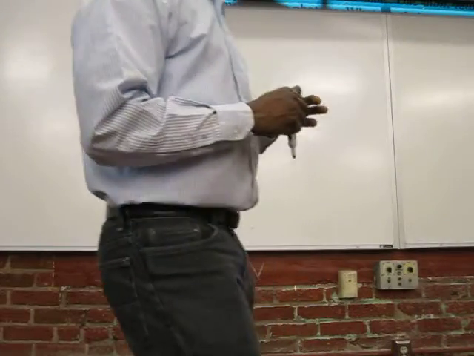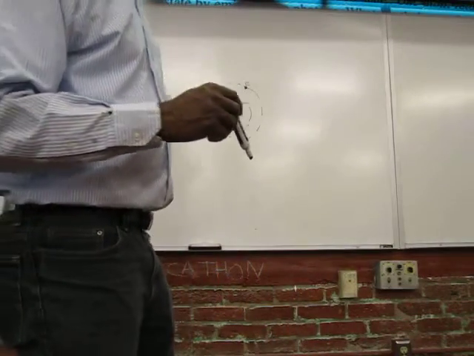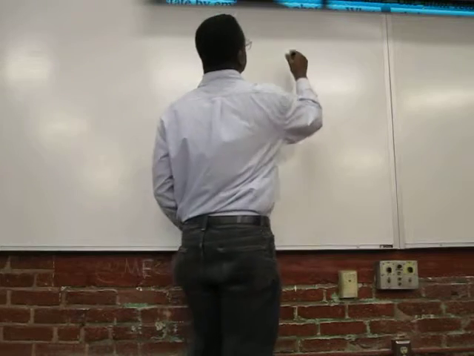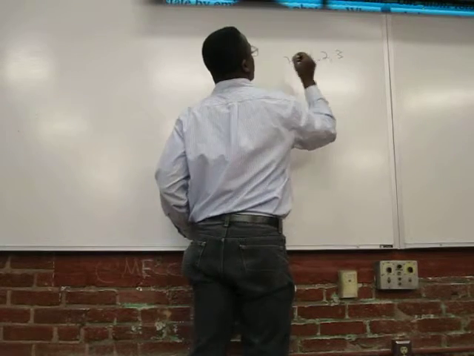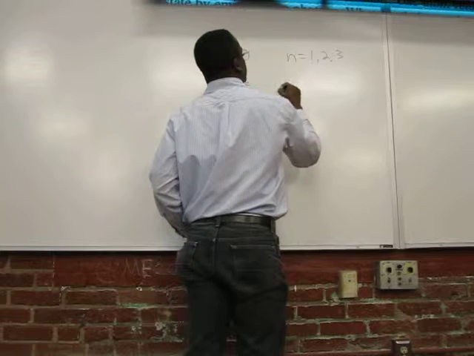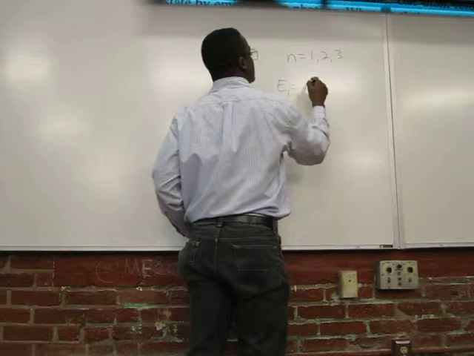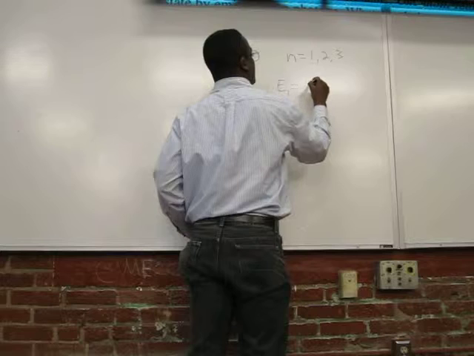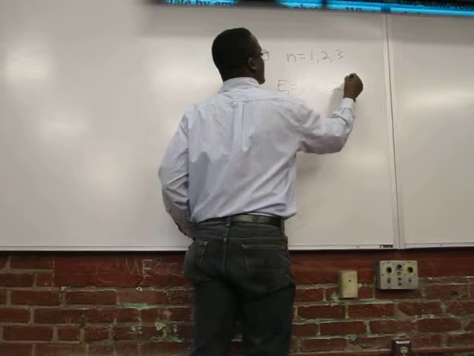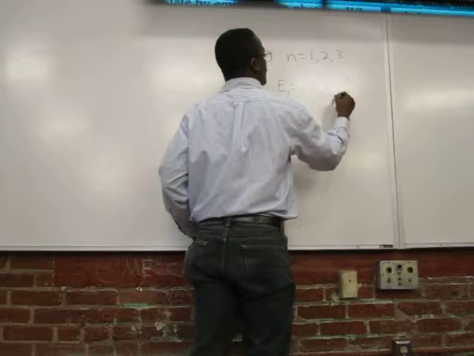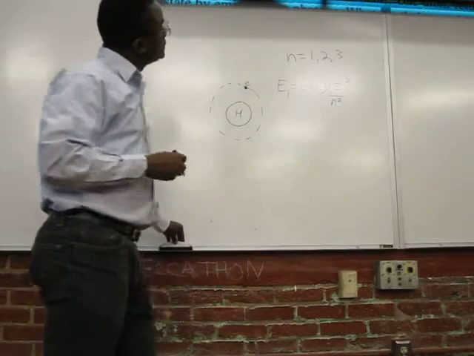All right, so the electron in a hydrogen atom is in its first excited state. And in its first excited state, that means, as we were saying before, n equals 1. Okay, so E1 is negative 13.6 times Z squared over n squared.